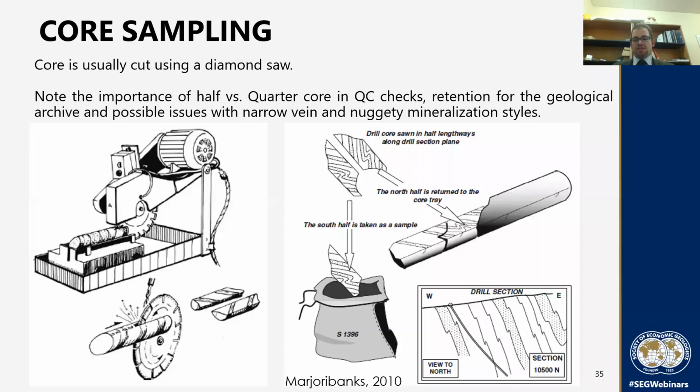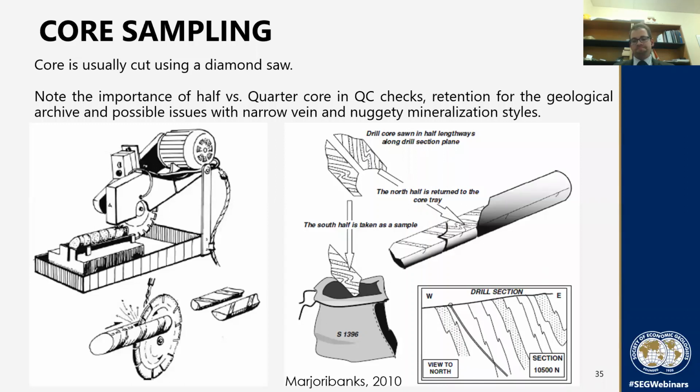Now that is the theoretical case. However, often you have to consider, first of all, nugget effects of very nuggety mineralization. So you could insert one half of the drill core that contains the mineralization, whilst the other half, which is in the archive material, does not contain any mineralization and therefore is blank.